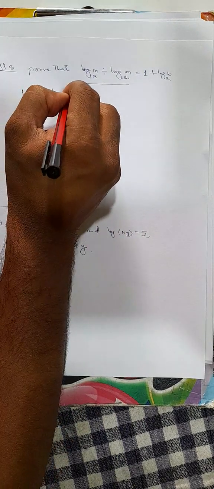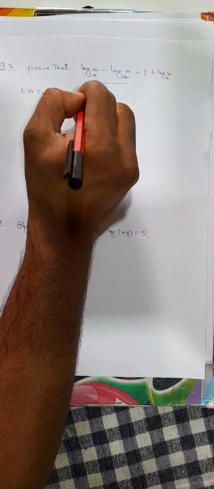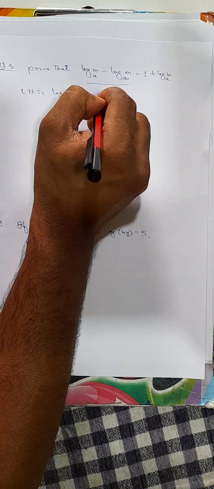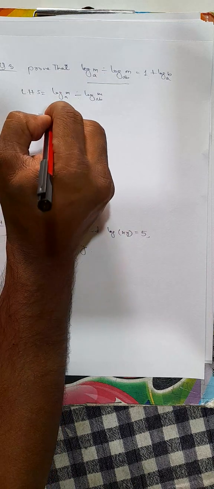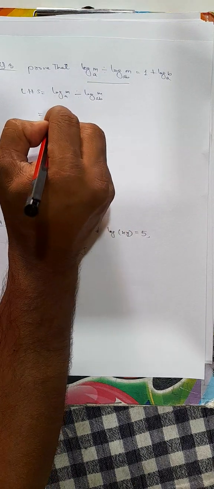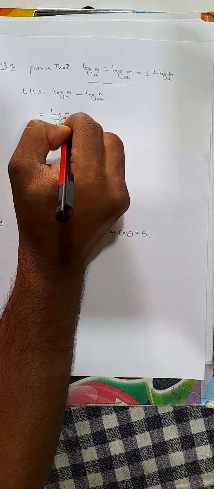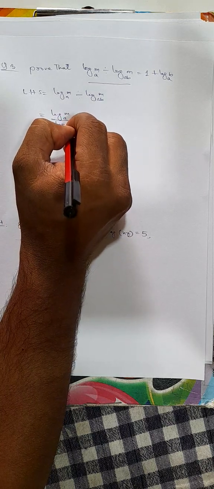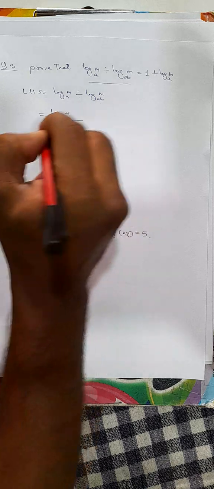Log m to the base a divided by log m to the base ab.